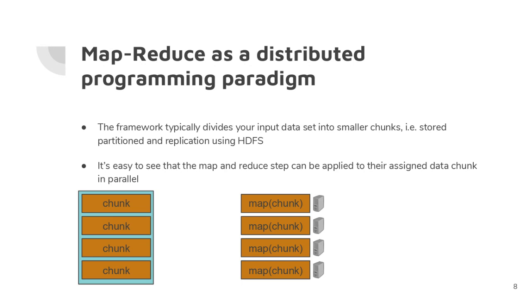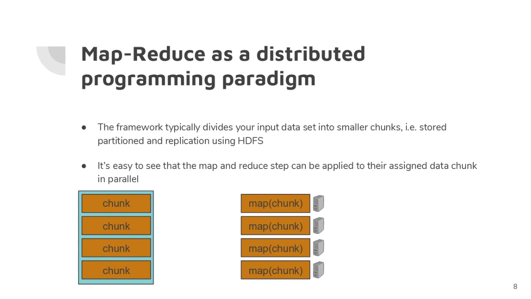So it's a distributed programming paradigm. The framework makes sure your input data is partitioned into smaller chunks and also replicated using the Hadoop file system. So it's easy to see that the map and reduce functions can be applied to their assigned data chunk in parallel.